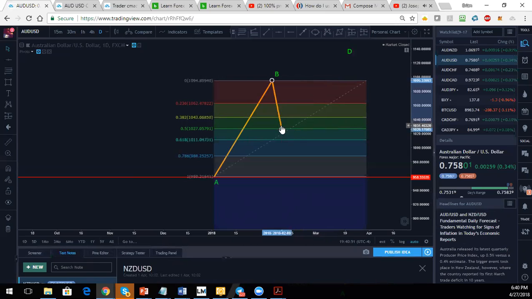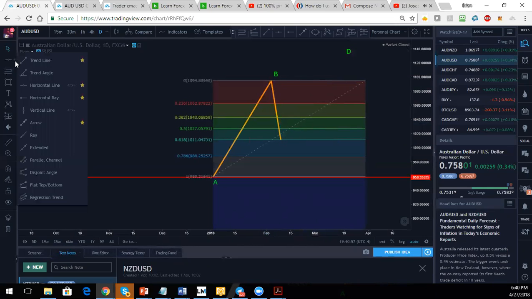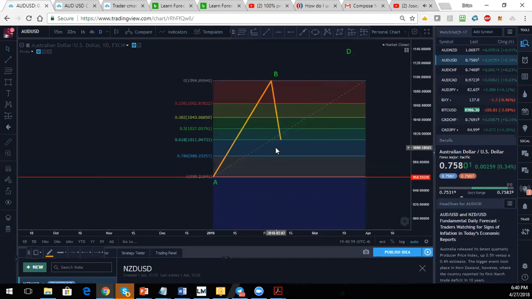But let's say price came right here, and you're like, wow, I wonder where this next leg is going to end. Well, they call it the ABCD pattern because the AB leg is the same size as the CD leg, right?